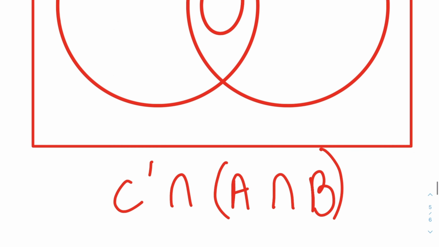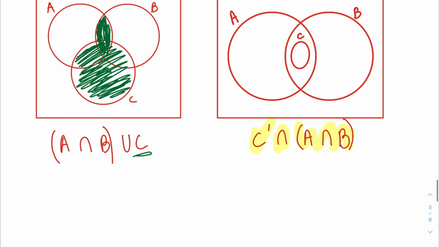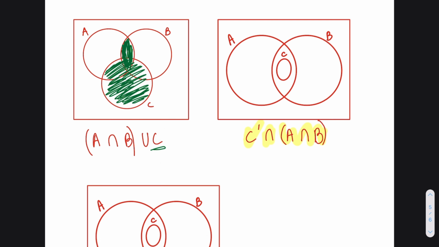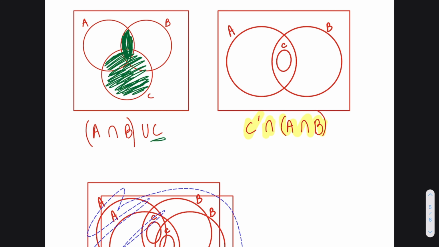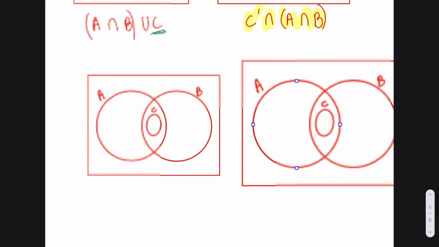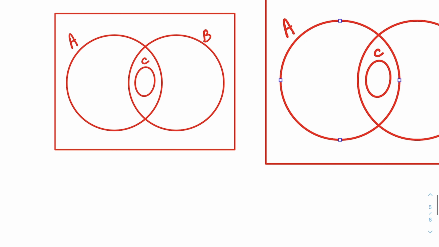So what we do is, since it's intersection, we should draw the two sets over here. One is the C complement, and the other is A intersecting B. So if we just duplicate this, I have one that is C dash.